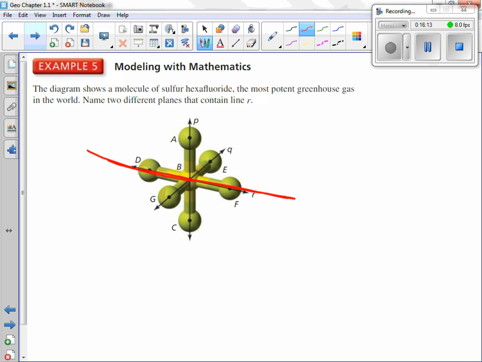So when we're naming a plane, how do we name a plane? If we had a plane, we could name it by one of the corners, but we could also name it by three points that are not on the same line. We need three non-collinear points.